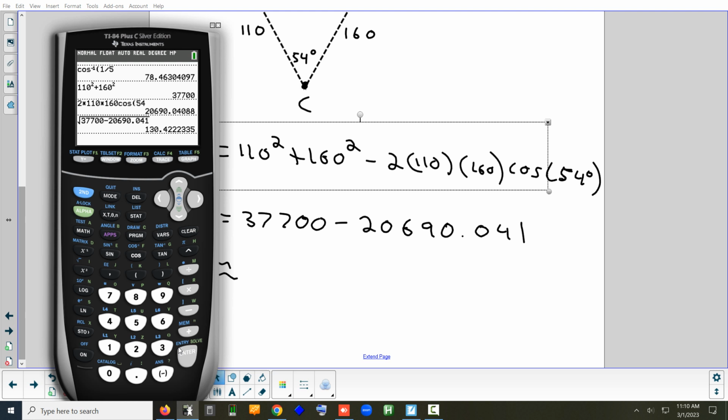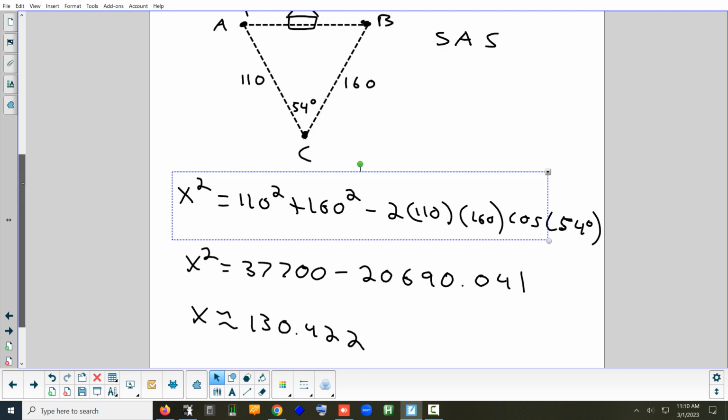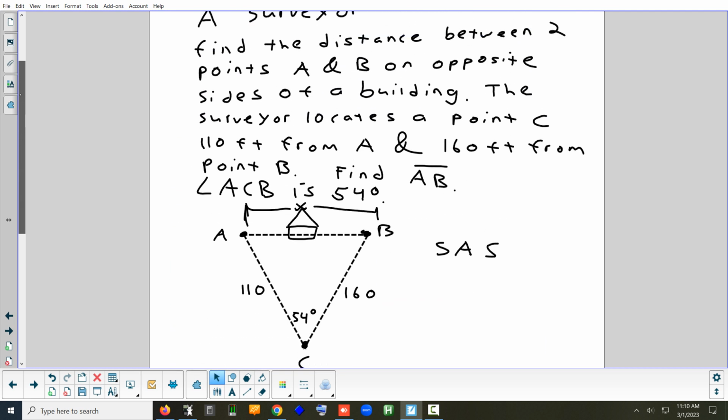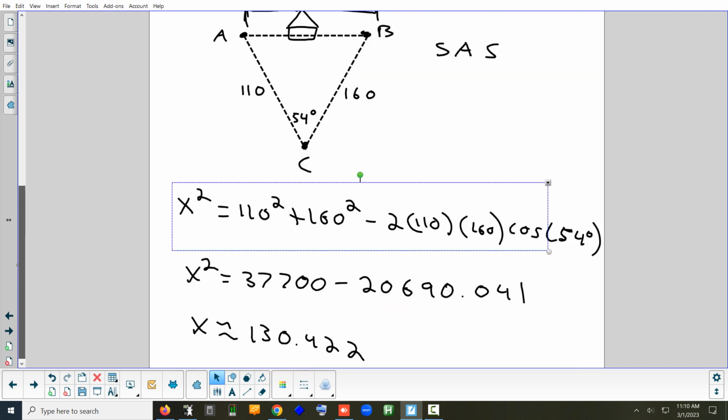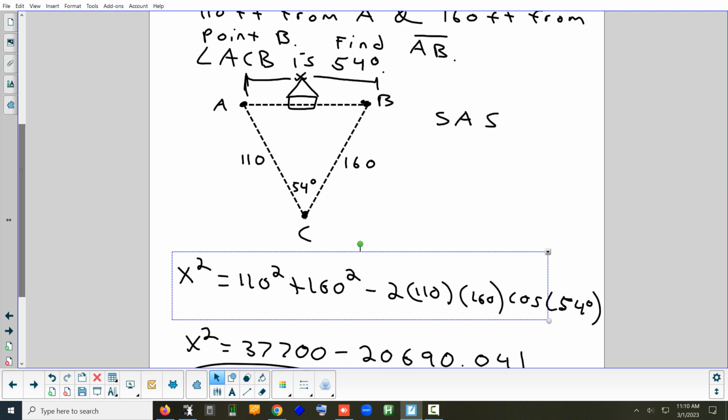So the distance between the 2 points on either side of the building is 130.422 feet. And that's it. They didn't ask you to find any of the other angles, just the distance between points A and B.